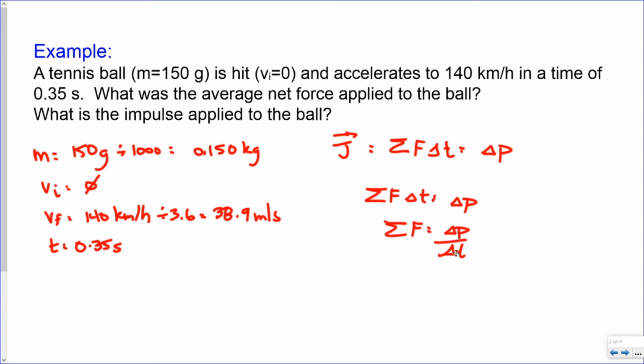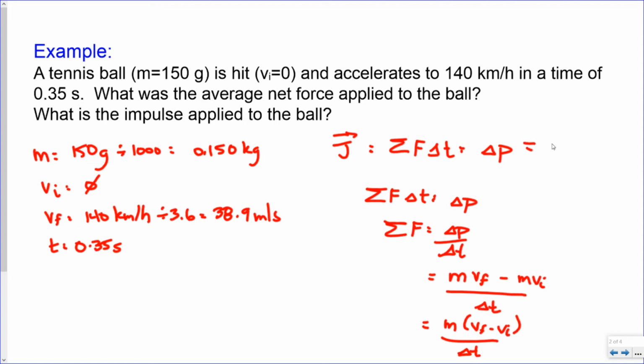This is actually just going back to Newton's second law. So our net force is mass times Vf minus mass times Vi, divided by the change in time. The mass stays the same, so really I could have written this as m times Vf minus Vi, divided by change in time.